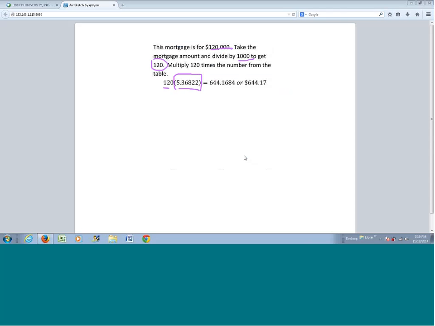I did not round it or cut any numbers off. When you multiply the two together, that gives you this number, but you can now round to the nearest cent because that's our final step. In the final step, that's when you round to the nearest cent.